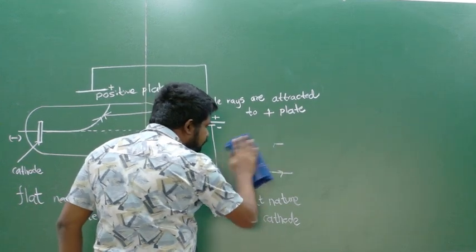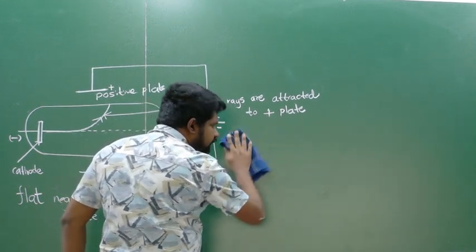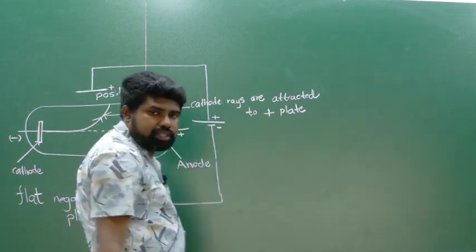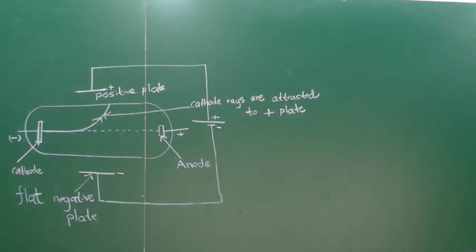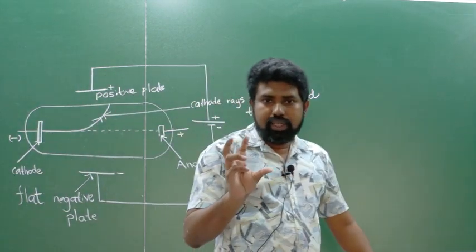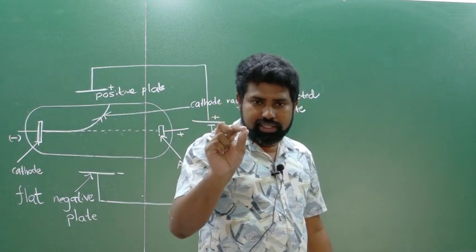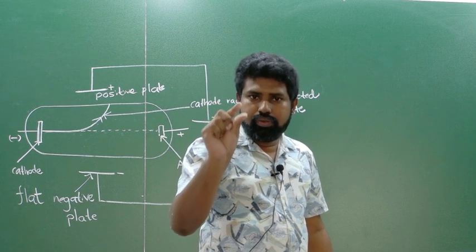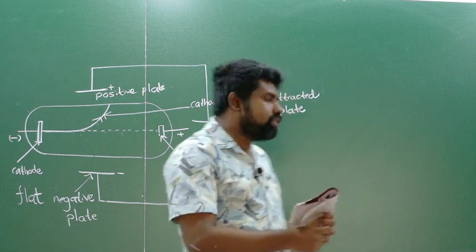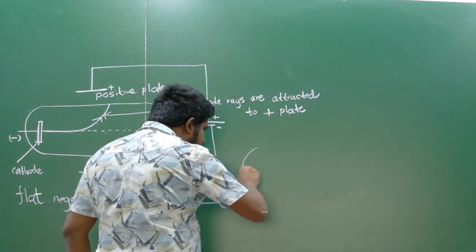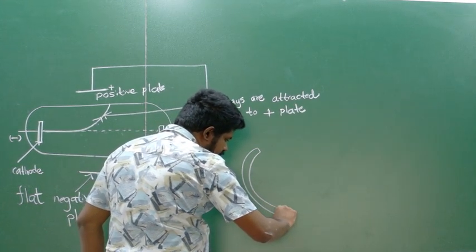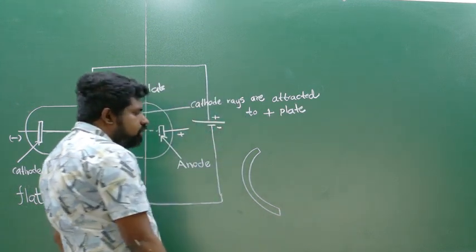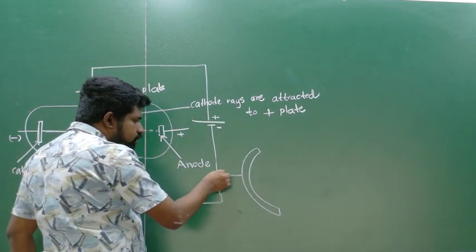From a flat cathode, the radiations always originate perpendicular due to the flat nature. So in order to investigate this property of the cathode rays, we need to use a concave shape cathode.